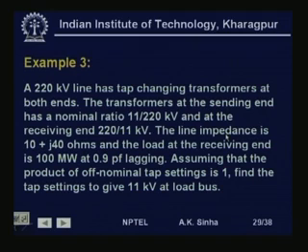The line impedance is 10 plus j40. Again, we are using a short line model. So, 10 plus j40 ohms, and the load at the receiving end is 100 megawatt at 0.9 power factor lagging. Assuming that the product of off nominal tap settings is 1, that is T_s into T_r is equal to 1, as we said earlier, find the tap settings to give 11 kV at the load bus.